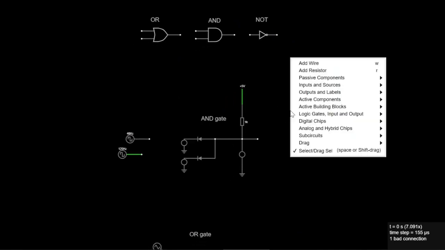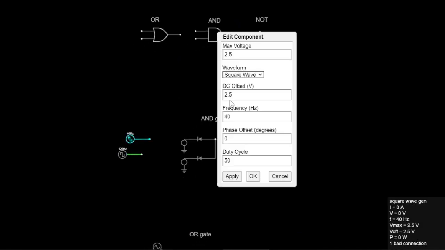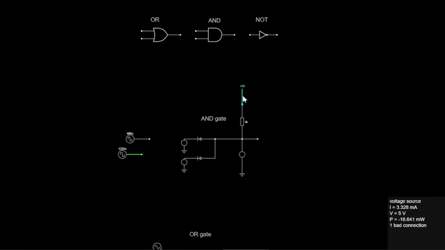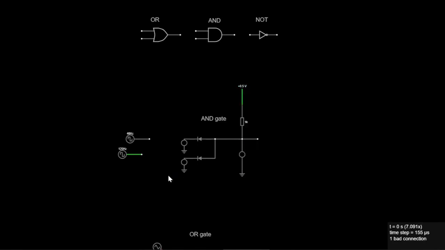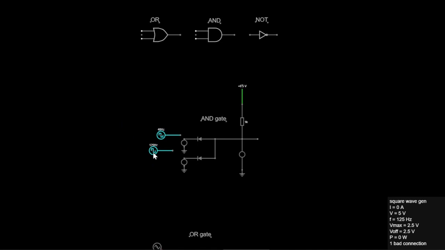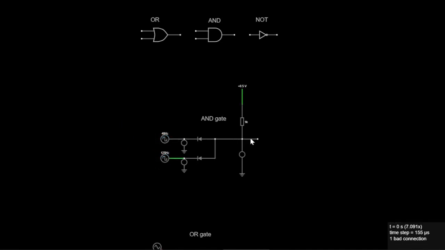So what if we also use this effect here? Let's say we have 0.3 volts here and 0.5 volts here. So what is going to happen with this?